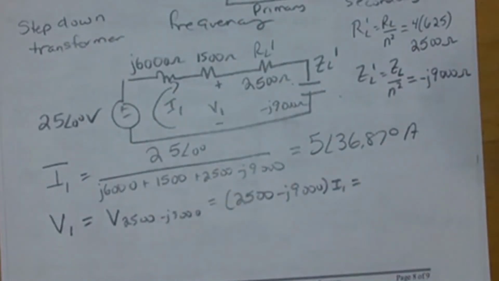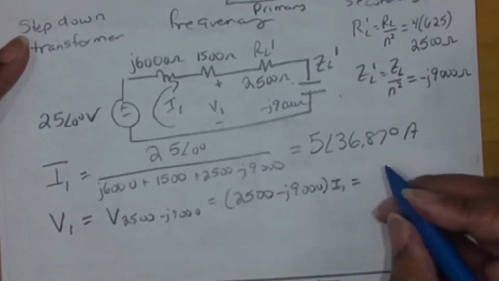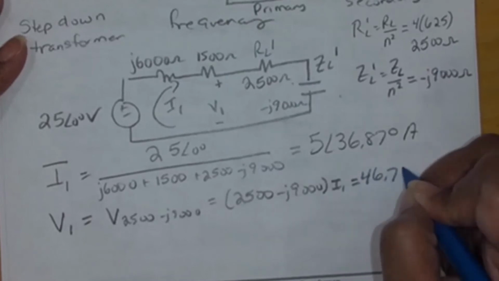So what is V1? 46,703, angle negative 37.